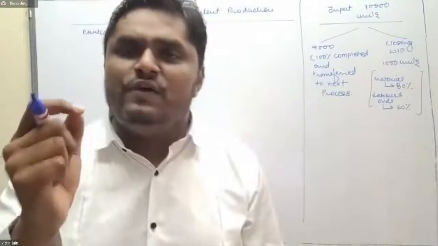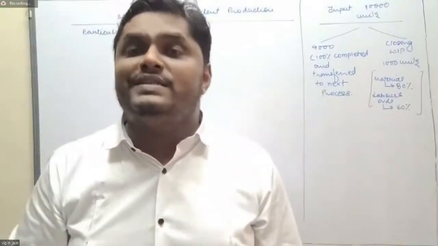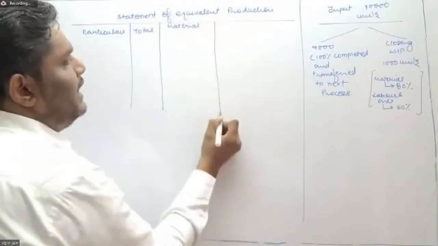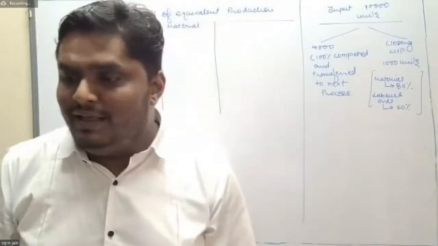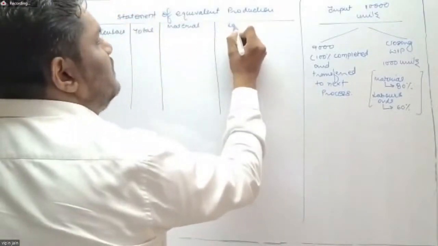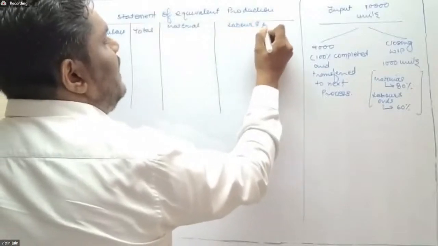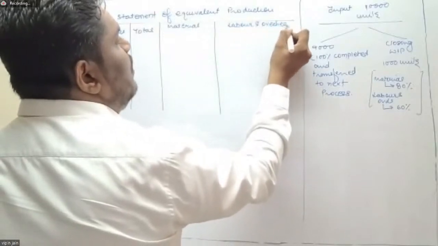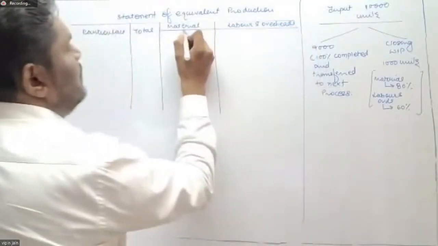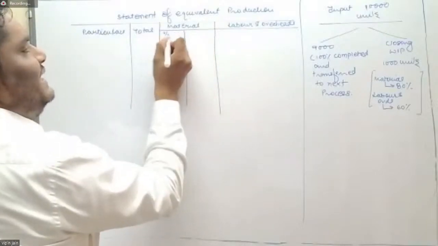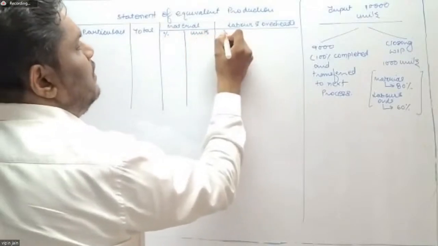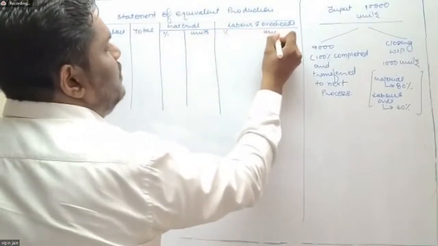Since the percentage of completion of material, labor and overheads is different, we'll prepare a separate column for material. As far as labor and overheads are concerned, they are 60% complete, so no need to prepare separate columns for them. We can simply prepare a combined column for labor and overheads. Then the percentage of completion and units.